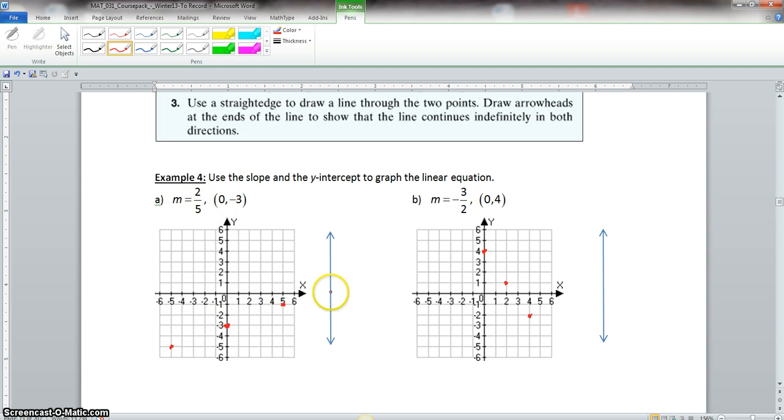Okay, now we want to graph this. I do not have a straight edge, so I'm going to attempt to use this line here to possibly graph this. So let me move this over a little bit.